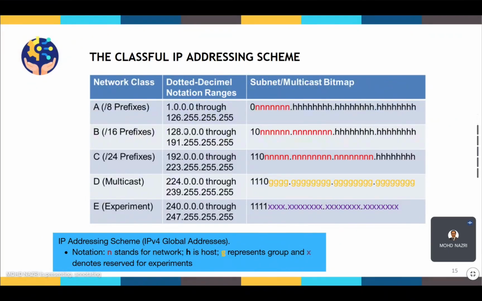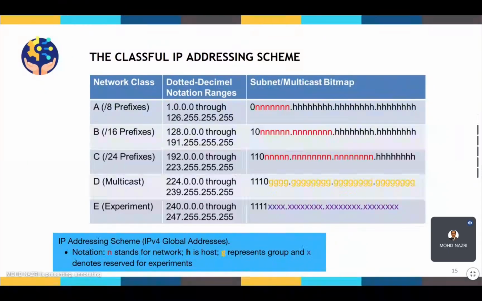127 is reserved for local loop, local host, or sometimes called loopback. Loopback you can normally configure or set, or it is sometimes defined by your PC, your computer, your server. If you want to do testing, you can configure something like 127.0.0.1.